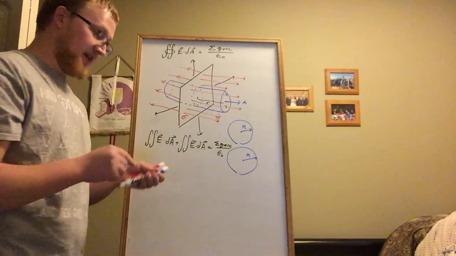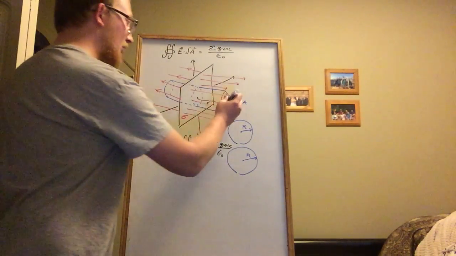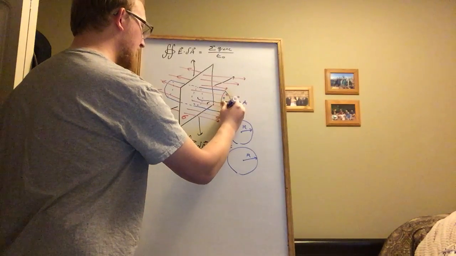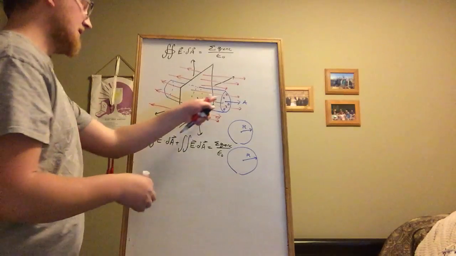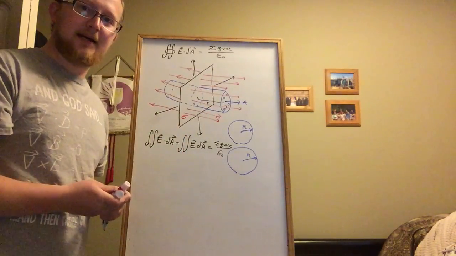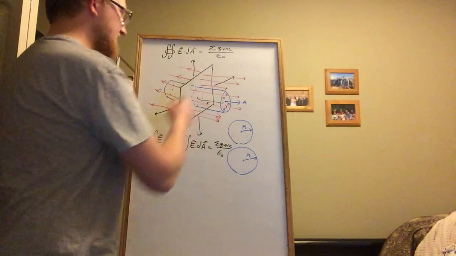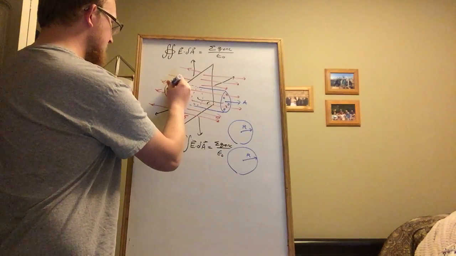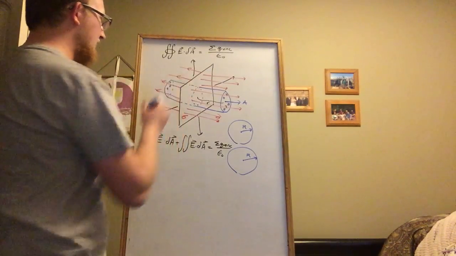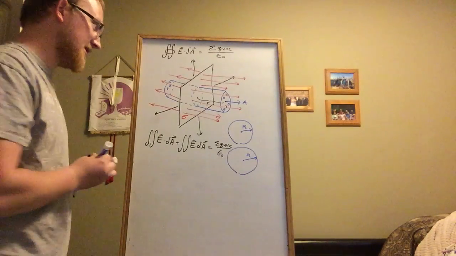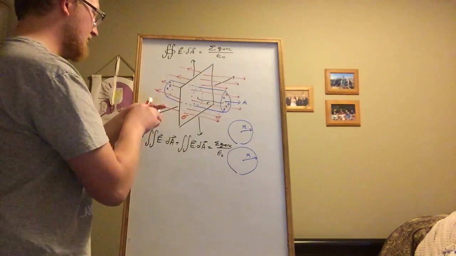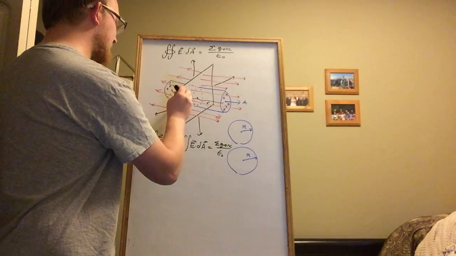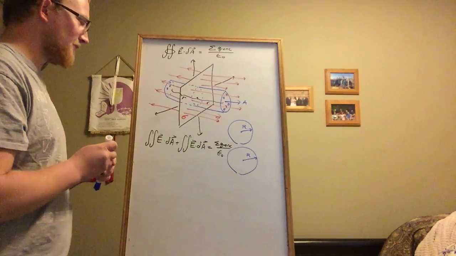And you'll also notice that every chunk of area on this circle at the end cap is conveniently at the same distance from the plate, and the same distance from the plate is going to have the same electric field. Same with over here. So all these little dAs are going to have the same E field strength at those points, because this end cap is length R away, and this is also length R away.